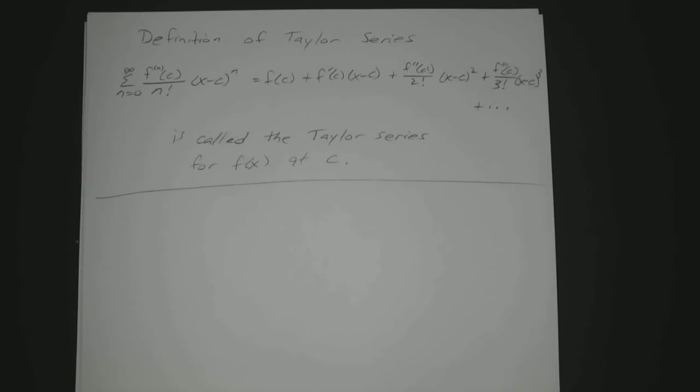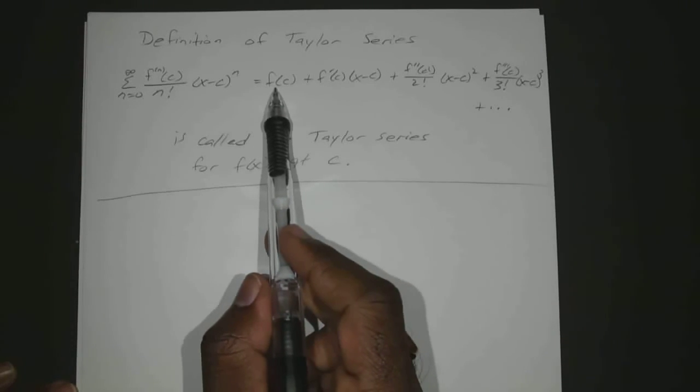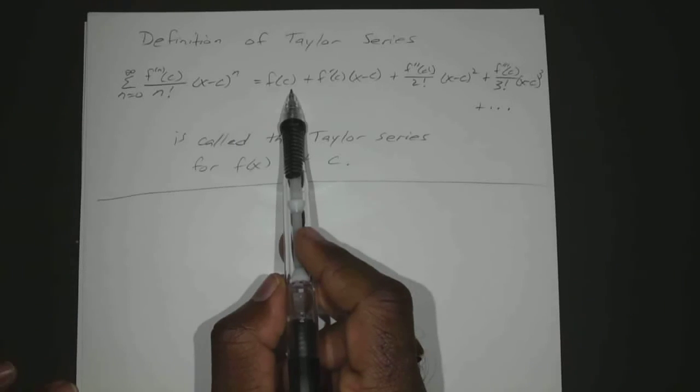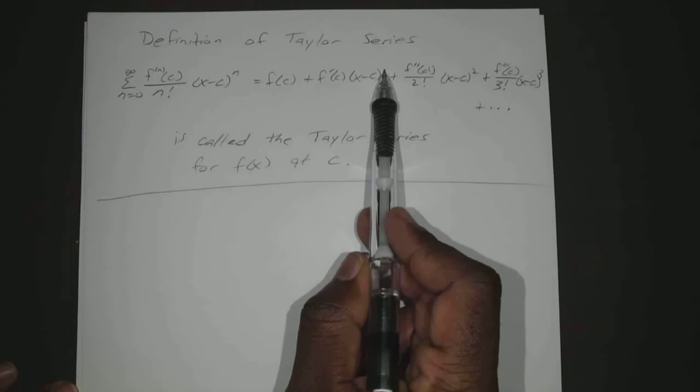So that was the derivative of the f of c? No, this is just the function of c, so you plug in your c. So here you just start off with your f of c, and then you have the first derivative at c, where x minus c is raised to the first.